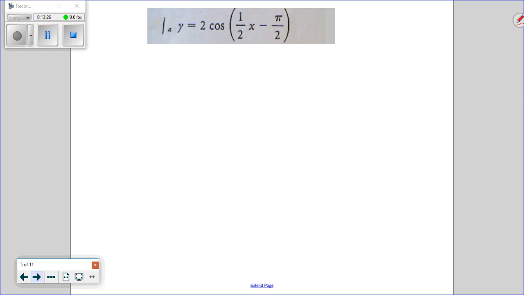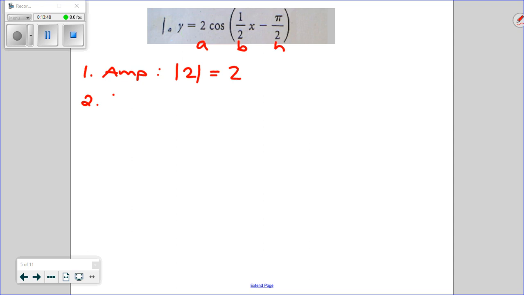All right, so here's our function, y equals 2 times cosine of 1/2 x minus pi over 2. So this is your a, your b, and your h. Okay, so step 1, we're going to find the amplitude, which is going to be the absolute value of a. The absolute value of 2 is equal to 2.